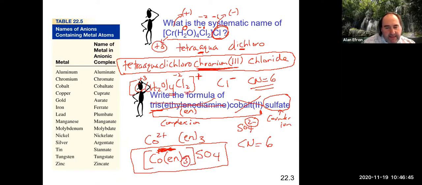Again, this en is that ethylenediamine that we saw earlier, looking like this. For every one of these en molecules, it will attach twice to our cobalt. Since we have 3 of them, we will end up with a coordination number of 6. Any questions on that there?